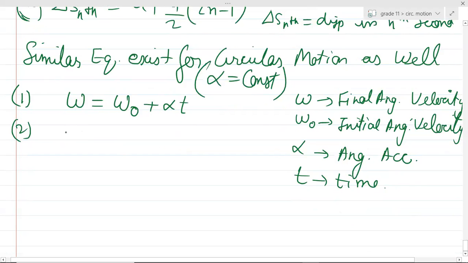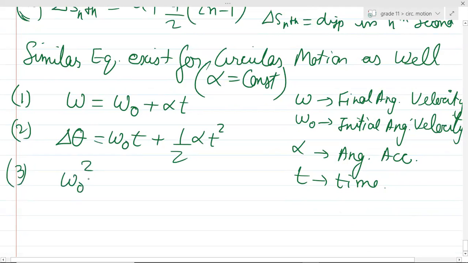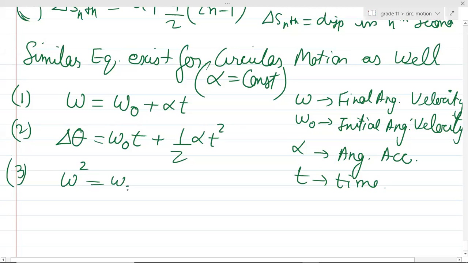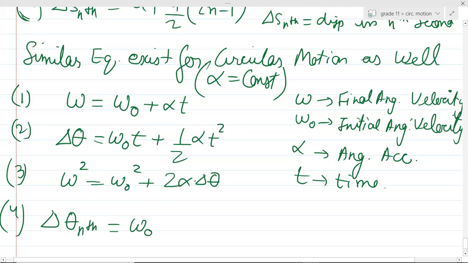The second equation is angular displacement: delta theta is equal to omega naught t plus half alpha t square. The third equation, omega square is equal to omega naught square plus twice of alpha delta theta. And the last equation is delta theta in the nth second is equal to omega naught plus alpha by 2 into twice of n minus 1.